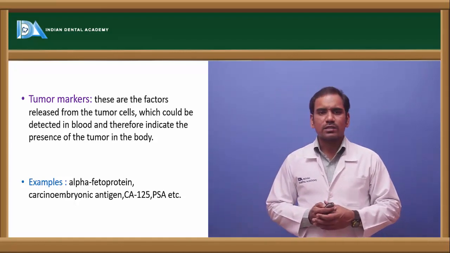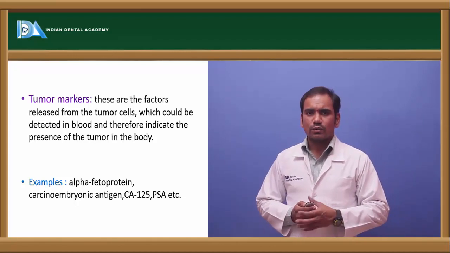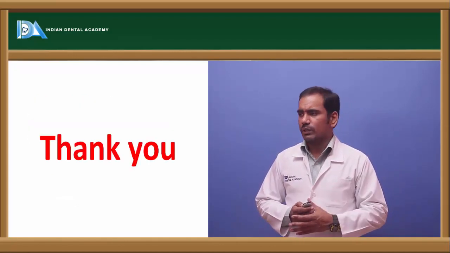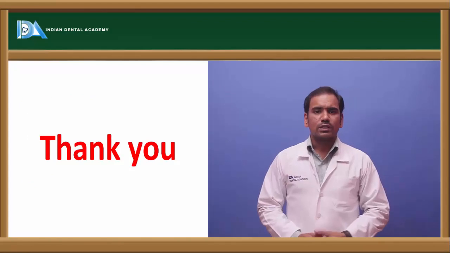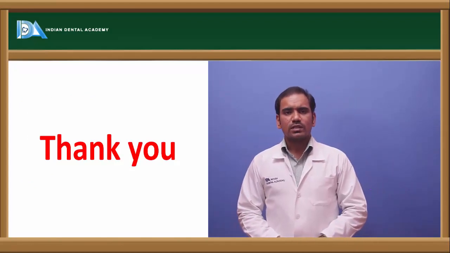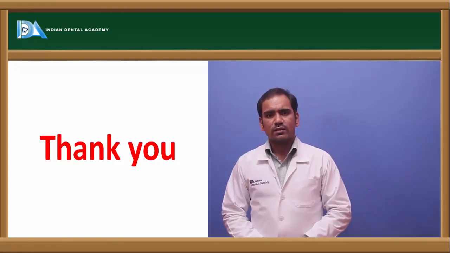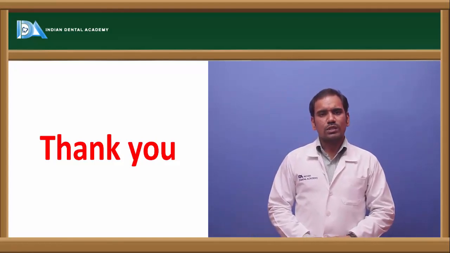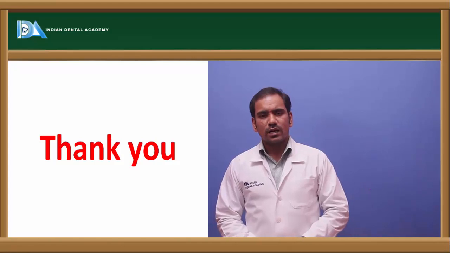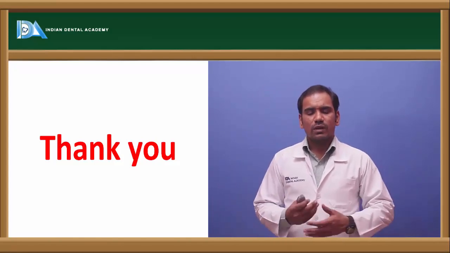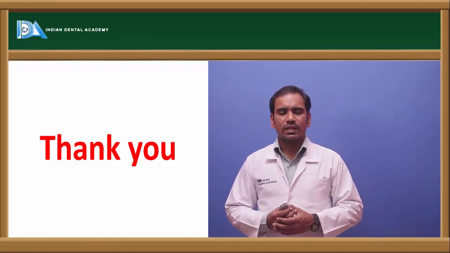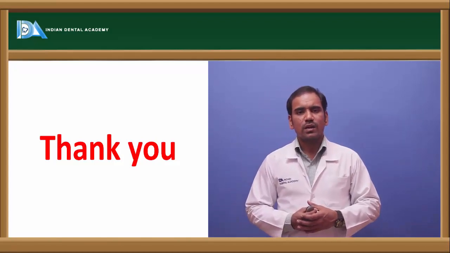That's why we call them tumor markers. So this is about cancer. We discussed what cancer is, the molecular basis of cancer, proto-oncogenes, oncogenes, tumor suppressor genes, and what causes cancer when there is a defect in them.